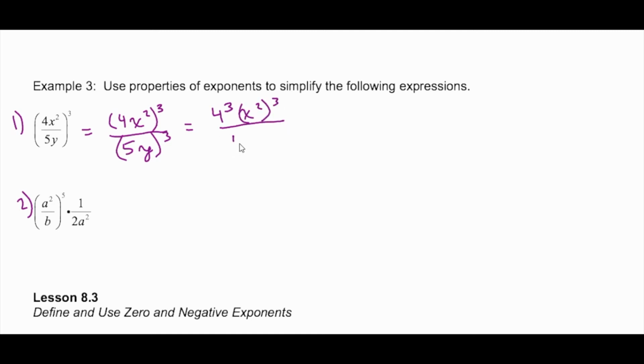On the bottom, I have 5 to the third times y to the third. It doesn't say to leave it with exponents, so I do have to find out what 4 to the third is. 4 times 4 is 16 times 4 is 64. X squared to the third, 2 times 3 is 6, so I've got x to the 6th. That's the numerator. 5 to the third is 5 times 5 times 5, that's 125. This is the best answer.